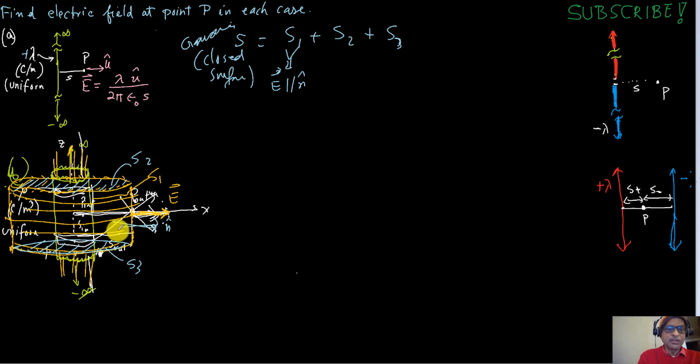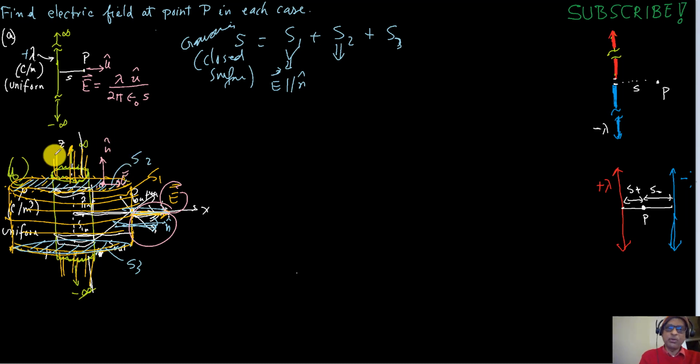If the electric field is that way, the normal is that way, and that's the same at every point. Over here, from the same argument as before, the electric field was that way, but the normal is that way.